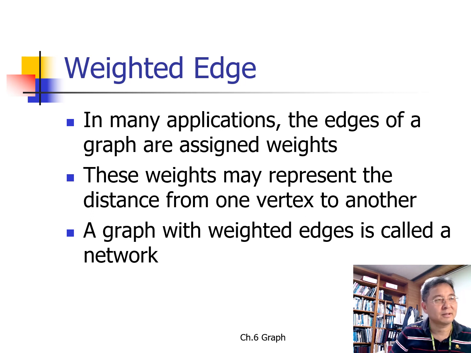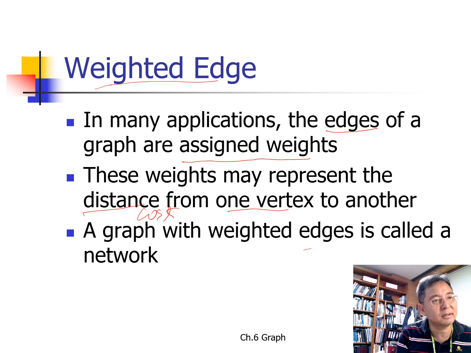Okay, and next was weighted edges. What was weighted edges? Weighted edges means that we have some values assigned as weight for each edge. This weight represents some distance or cost from one vertex to another, and a graph with weights on the edges is called a network.